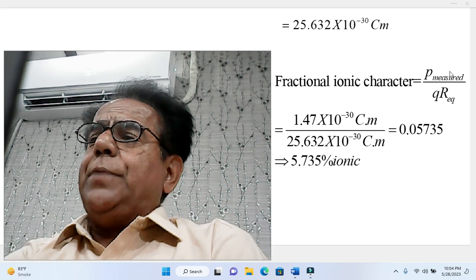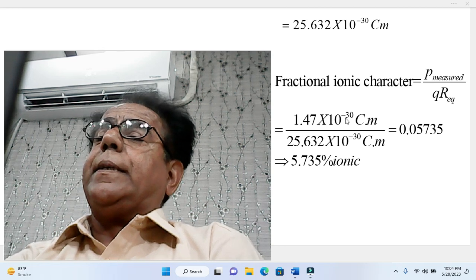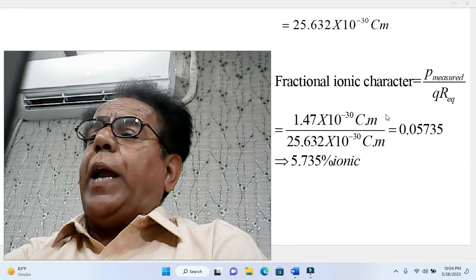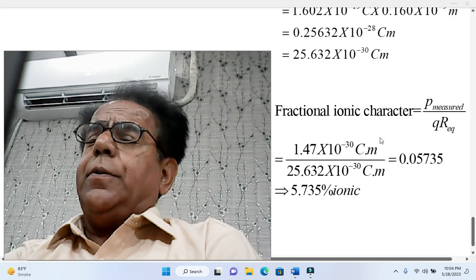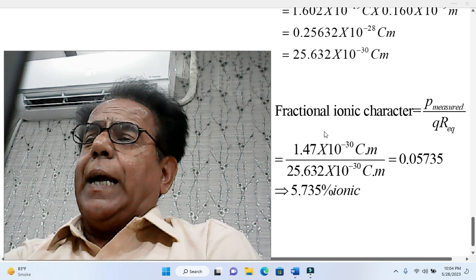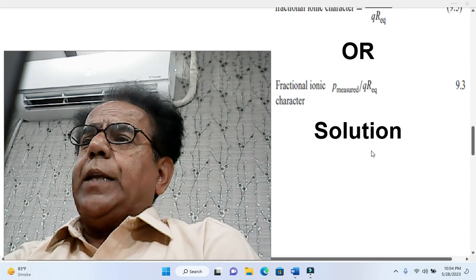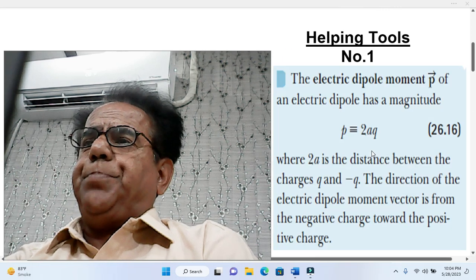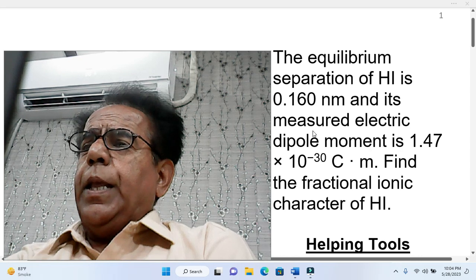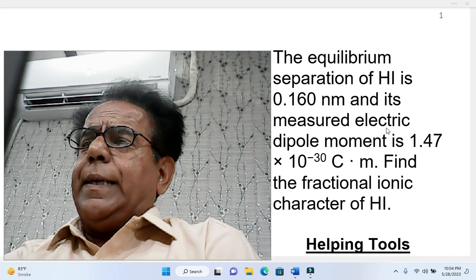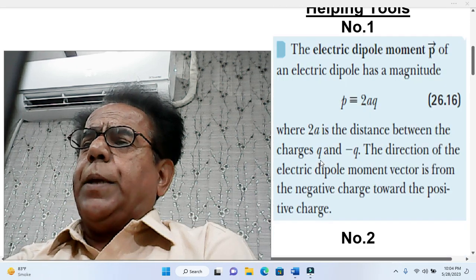In the next step we have placed the value of the measured electric dipole moment, 1.47 into 10 to power minus 30 coulomb meter. This value has been given in the problem statement. We move back to show that this value has been given in the statement: 1.47. The measured electric dipole moment is 1.47 into 10 to power minus 30 coulomb meter.